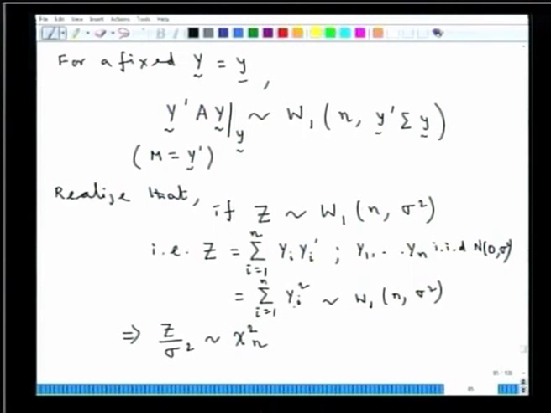Each of these terms, yi squared by σ², is a chi-square random variate on 1 degree of freedom, and the summation of n such independent chi-square random variates gives a chi-square on n degrees of freedom.